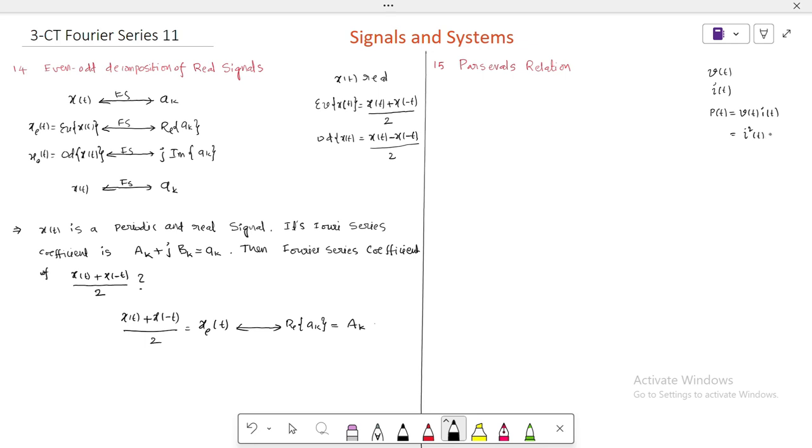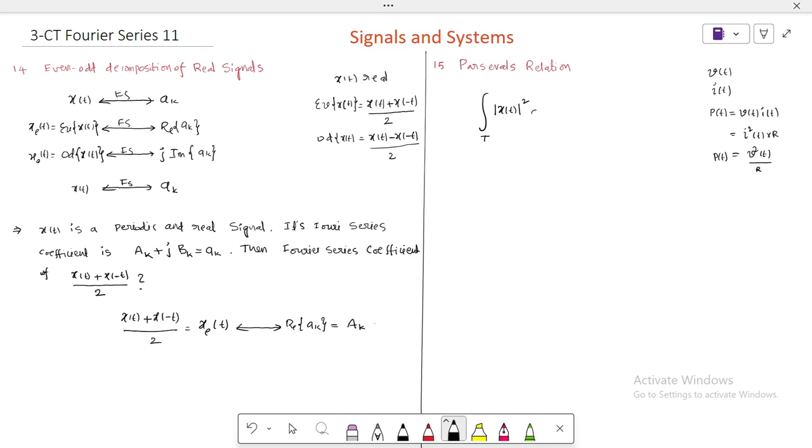Square of the signal always gives the power, and R is a constant. Here also the same: mod x of t square is the power. If you do the integration, it gives the energy. Again, if you divide by T, it gives the average, so it becomes the power.